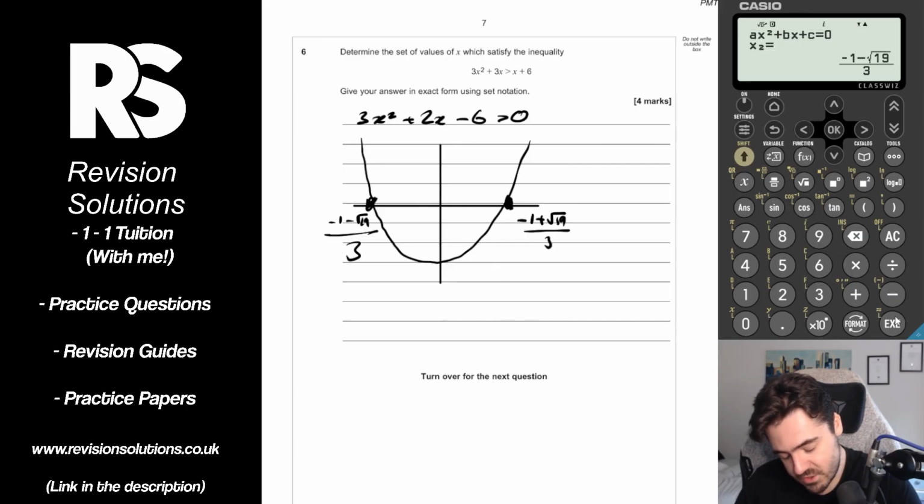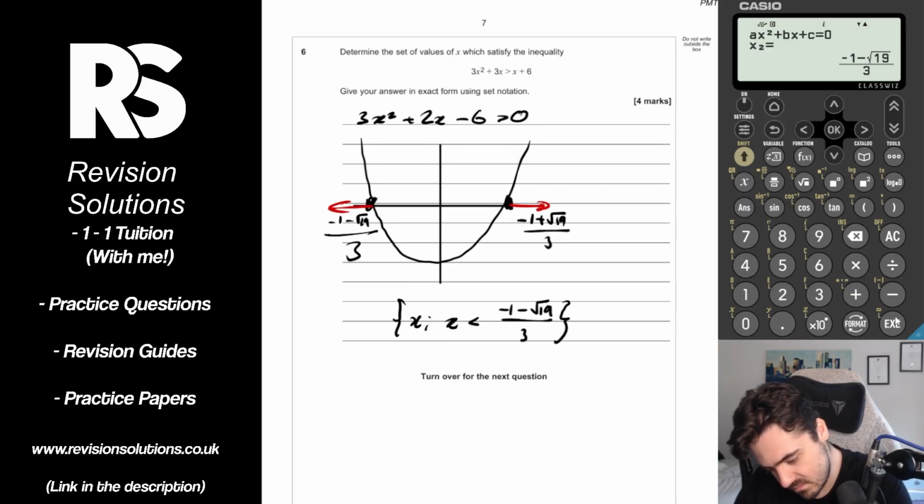And then we're interested in the sections where it's greater than 0. So that's these two tails here. That's all the x values to the right of here and to the left of here. Let's write those two sets out, and then we'll worry about combining them. As two individual sets, that's a set of x values where x is strictly less than -1 minus root 19 over 3.